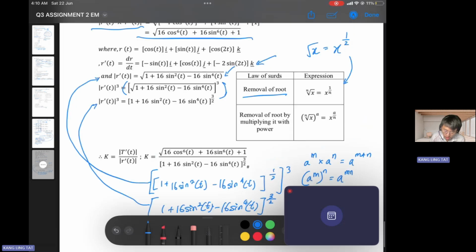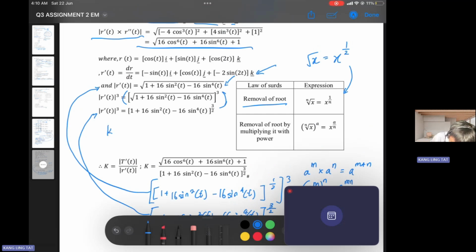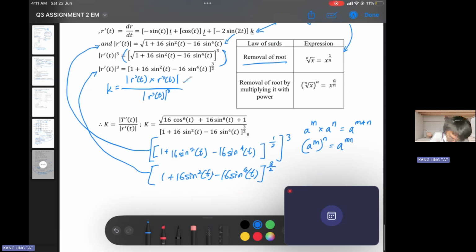Okay, now we know that kappa is equivalent to the magnitude of the cross product of the first derivative of the vector function and the second derivative of the vector function, over the cube of the magnitude of the first derivative of the vector function. So we got both of these already.